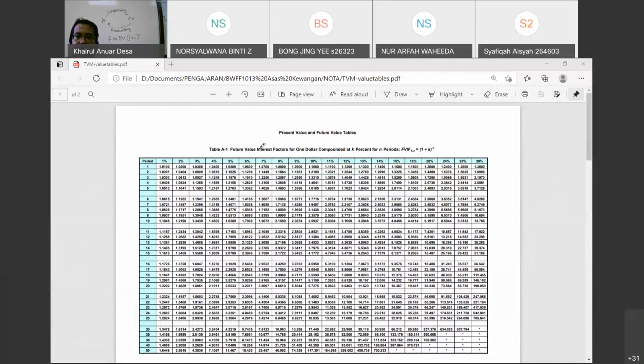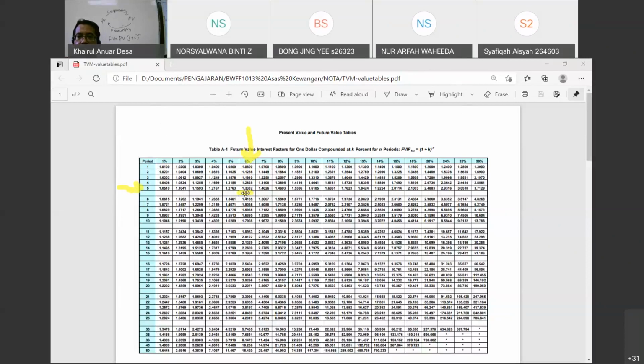Okay, this is the 6%. And this is 5 years. So where is the coordinate of 6% and 5 years? Di mana koordinatnya? Ada siapa nampak? So kita akan nampak di sini koordinatnya. 1.3382. Okay, boleh nampak? This is the coordinate of 6% and 5 years.